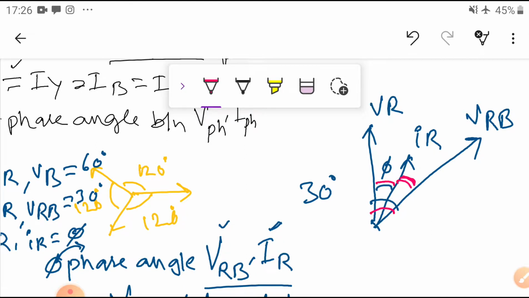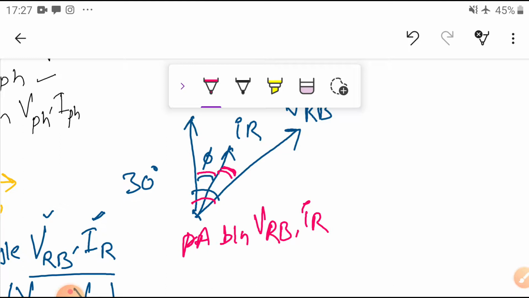Can I write it? The phase angle between VRB and IR is equal to 30 minus phi. I can take it.